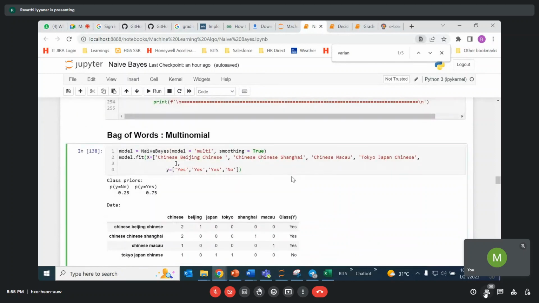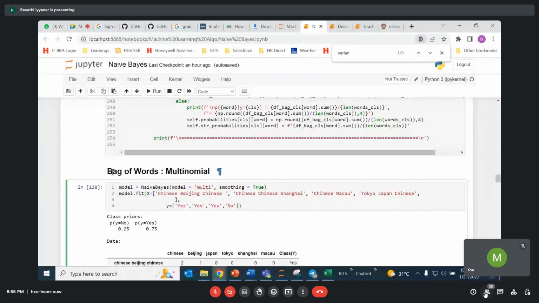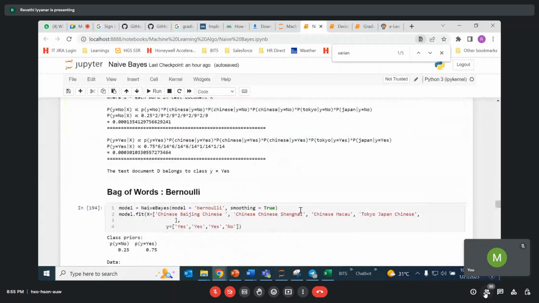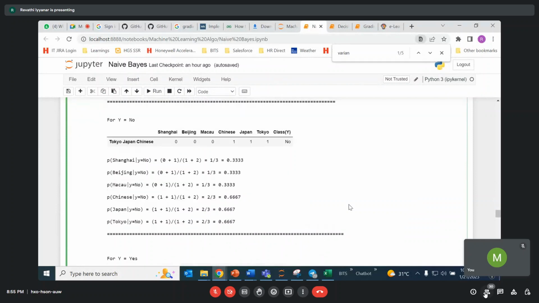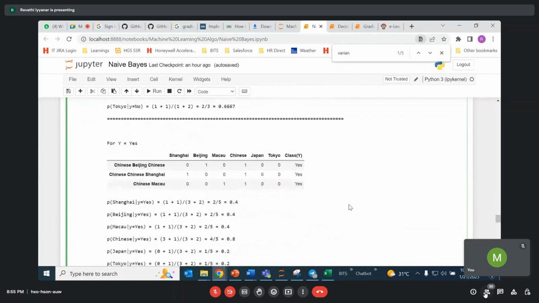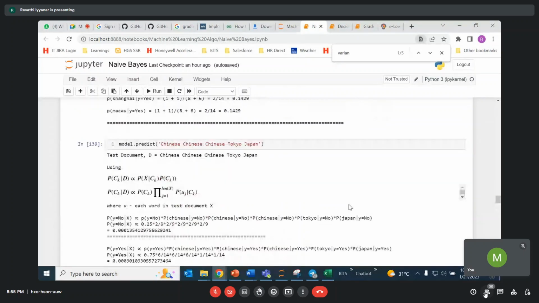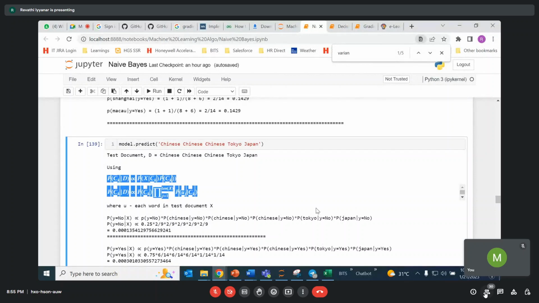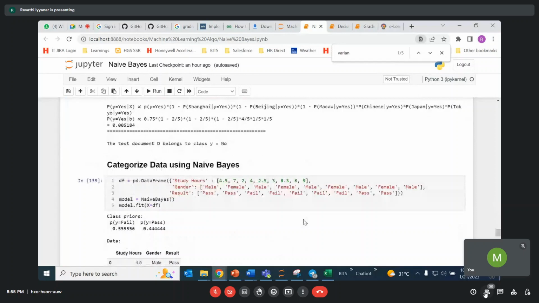Which one, multinomial or Bernoulli? Bernoulli, multinomial, two things in a bag of words. This is called the bag of words approach. And the below is the posterior probability, the last one, that's the categorical, right?